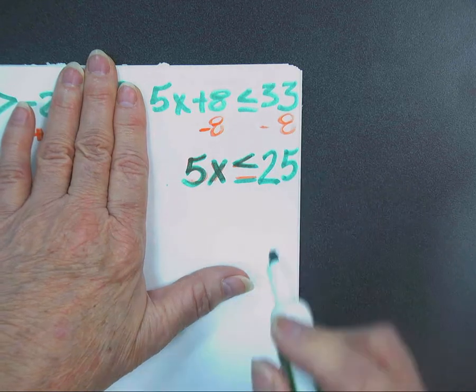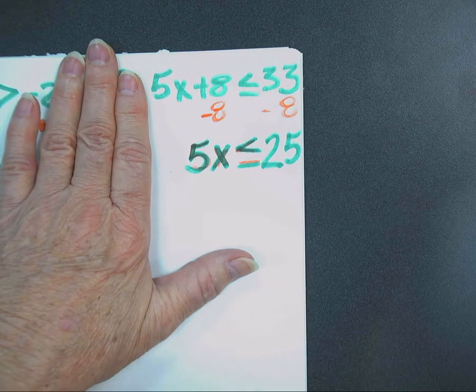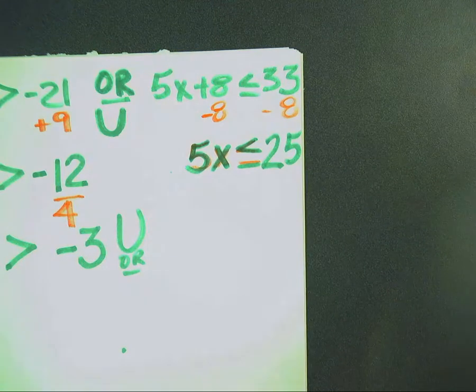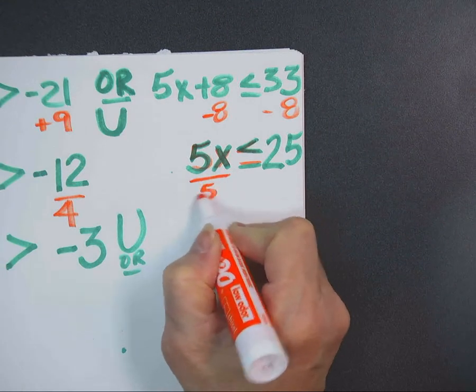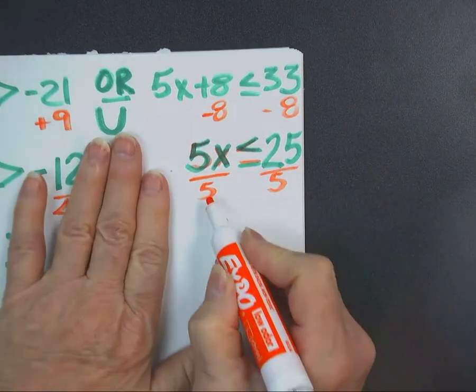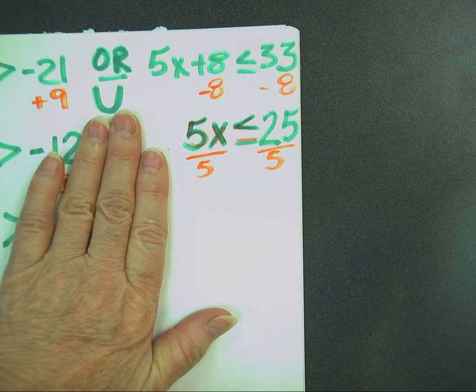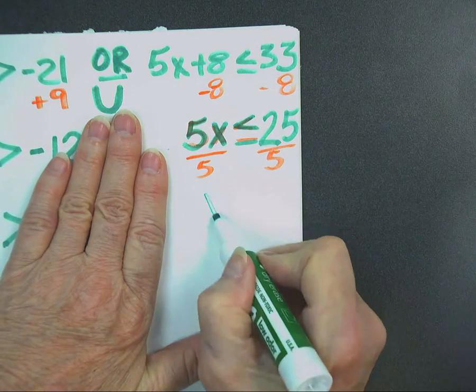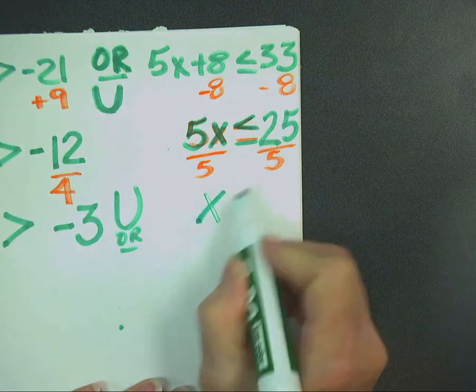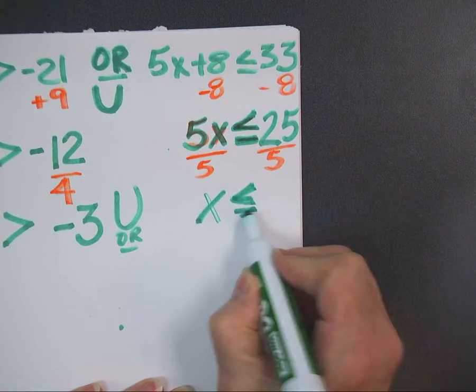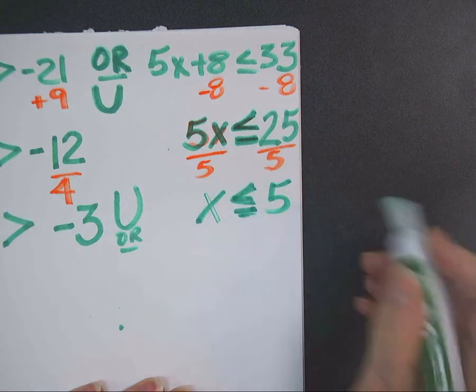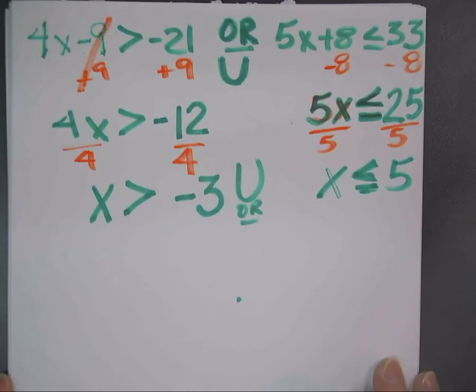And then divide by 5. We didn't divide by a negative, so we don't flip the sign. We leave it the same direction. x is less than or equal to 5. Okay, so let's put that on the number line.